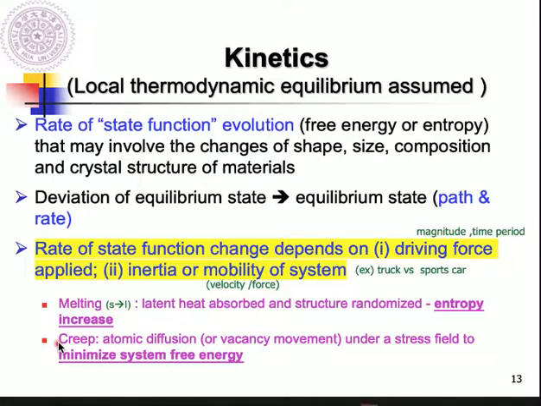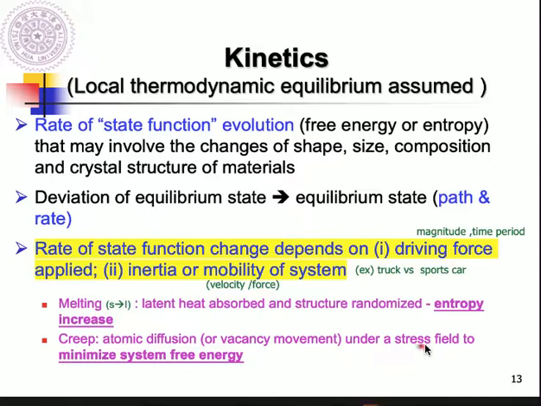And what's the creep? Creep means the atomic diffusion under a stress field. So you can use a light to hang up a metal bar, and after a couple of years, we can find that this metal bar gets longer and longer. This phenomenon we call creep.